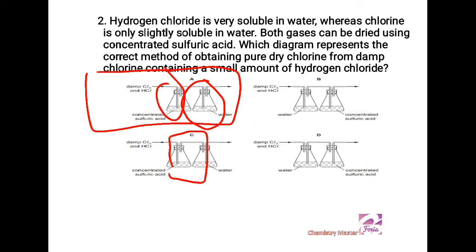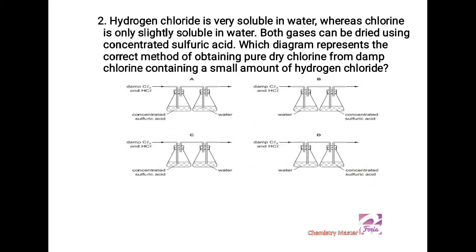But when I consider option B, I can see the exact handling of apparatus. First, the mixture of chlorine and HCl is passed through water to separate the soluble gas from chlorine.